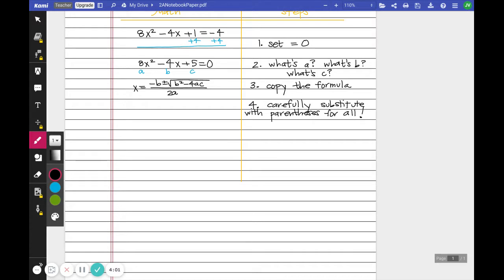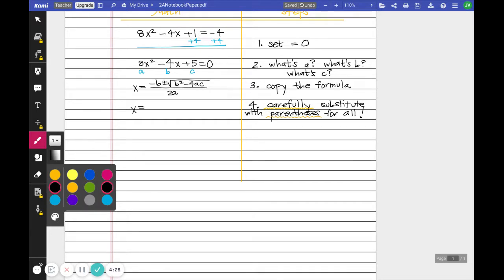Here's what I mean by that. First of all, we have to be careful because we're going to be dealing with negatives, things getting squared, parentheses, minuses, all sorts of things. And you have to use parentheses. Those are probably the two most important things: be careful, and use parentheses.